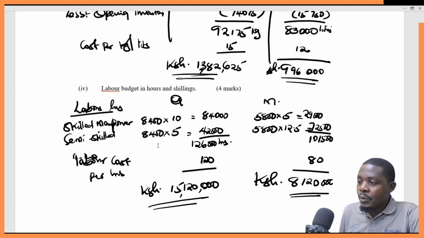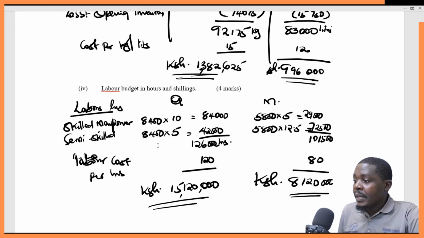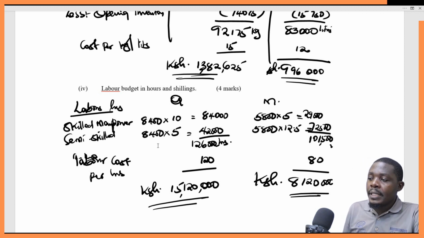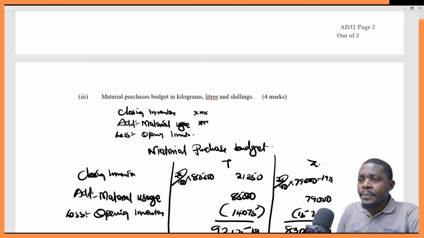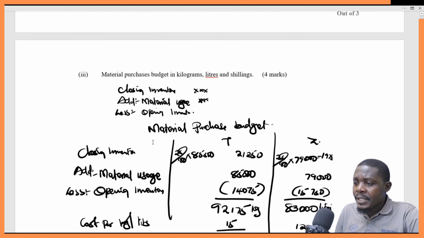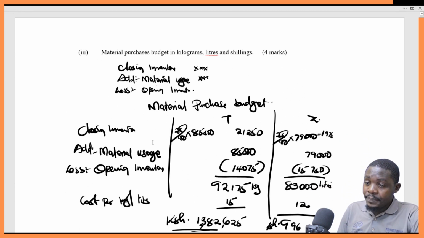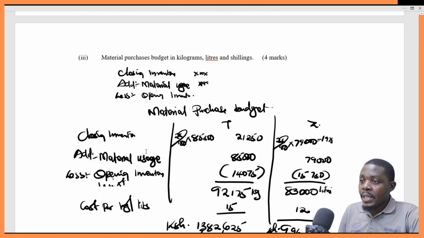Both in hours, you got 126,000 hours and 101,500 hours. Then in shillings, we multiply by the labor cost that we have been given. And the material purchase budget, we also do it in units, and then we multiply by the cost which we are given.